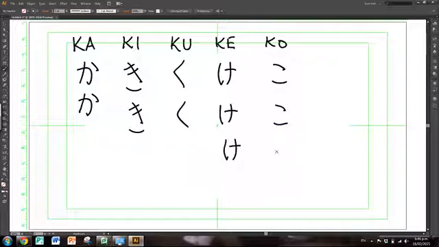Okay. Now I was going to talk to you about stroke order and why it's so important. When we go to ki, for example, there are 2 ways of writing ki. You can write it the way I've done it, or you can write it like this.